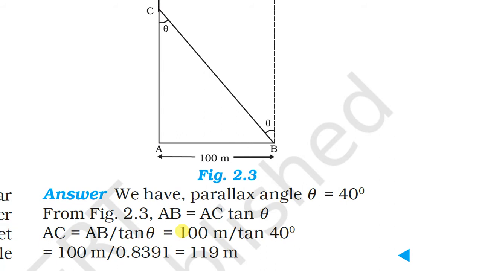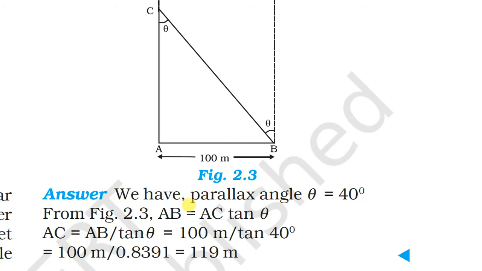So AC is equal to AB divided by tan theta. Here AB, the distance between A and B, is 100 meters, and the angle between C and A is 40 degrees. So AC is AB divided by tan 40.